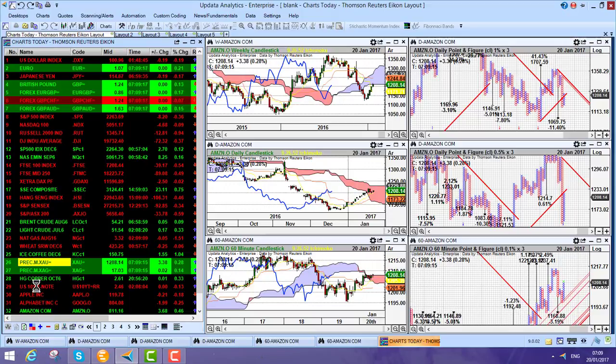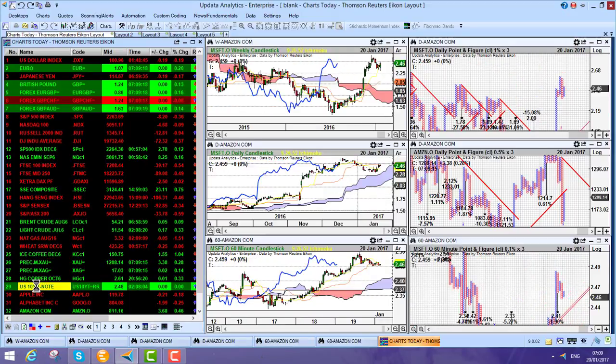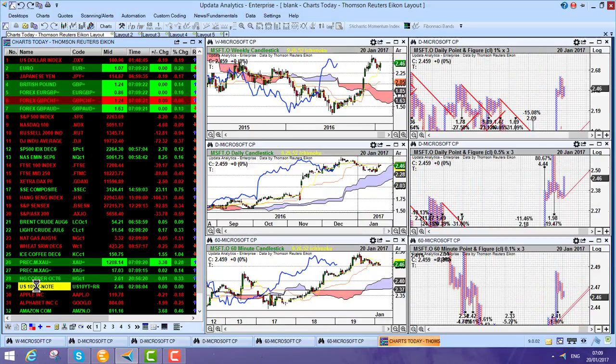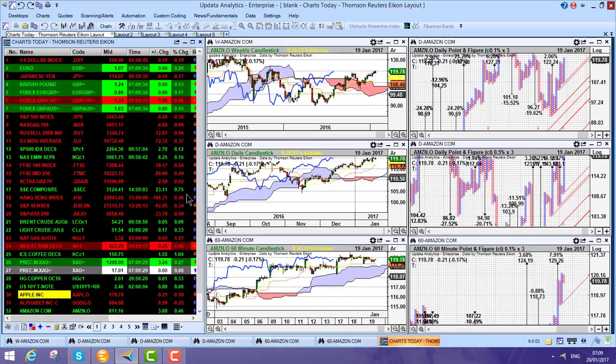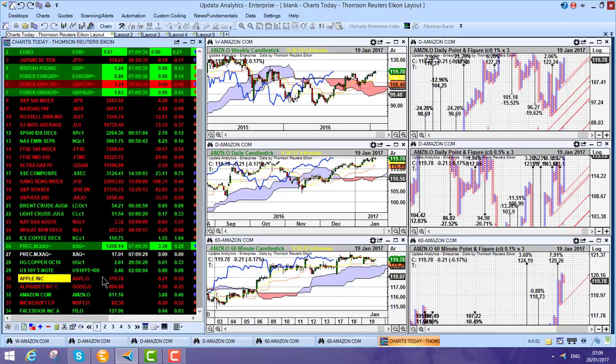The US Treasury notes, the yield on the 10-year is still 2.46%, bullish on all three time frames at the moment, so yield's still holding up. And if we look at some of the tech stocks, Apple down very, very slightly last night, so no real big deal there.